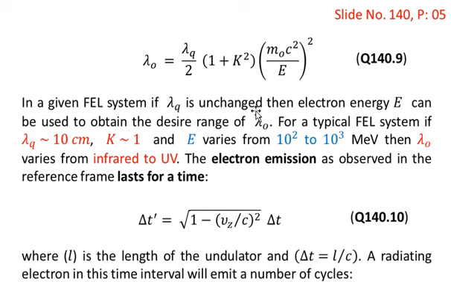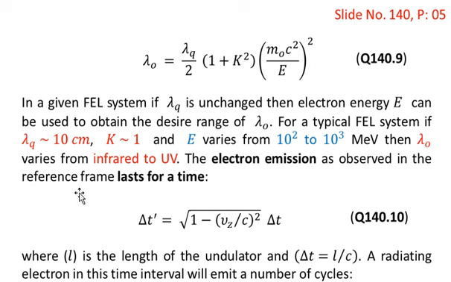For a typical FEL system, if lambda q is of the order of 10 centimeter and undulator constant K is of the order of 1, then the energy E varies from 10 to the power 2 to 10 to the power 3 million electron volt. If you introduce electrons in the laser resonator cavity with this much energy, then lambda naught will vary from infrared to UV.